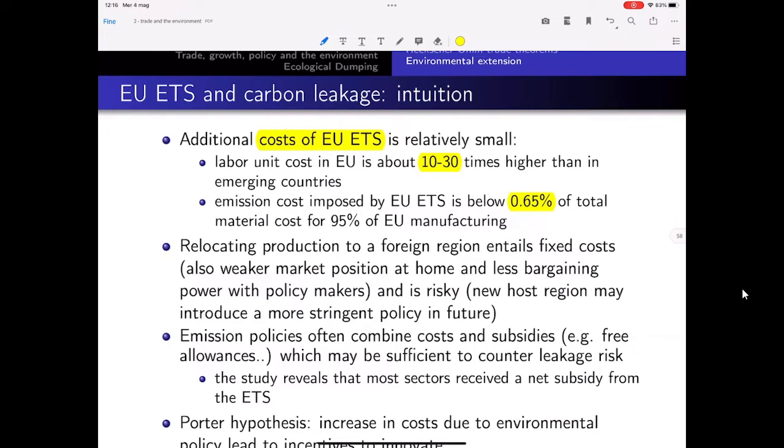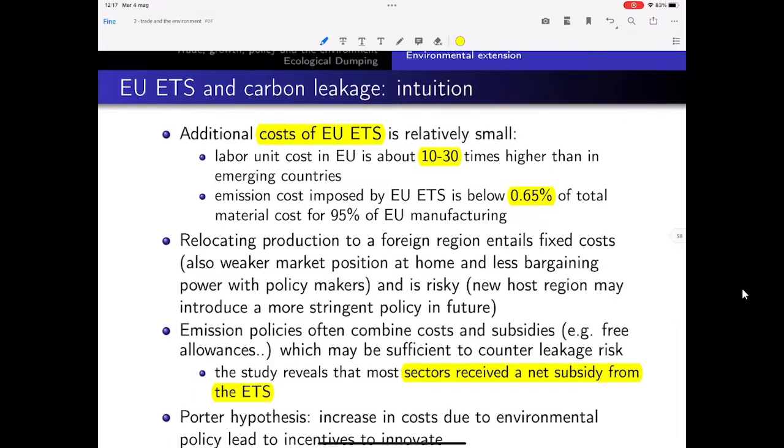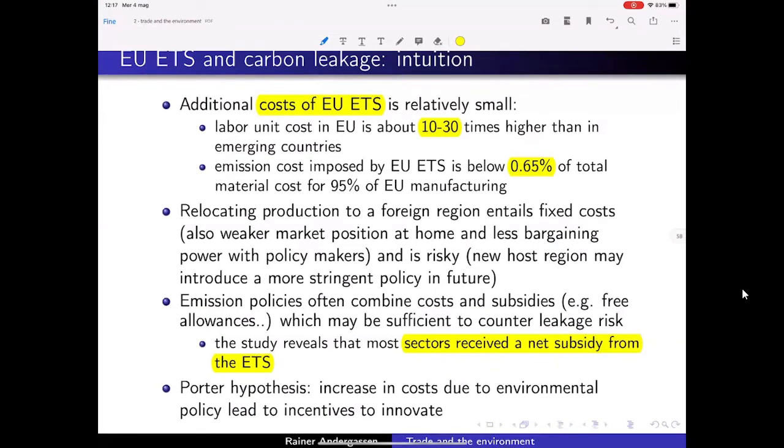And moreover, if you read the paper, the claim is that, according to their calculus, some industries, some sectors received a net subsidy from the EU emission trading system. Remember, because of the free allowances. So there were no real costs, but instead quite the opposite happened. They received a subsidy rather than cost. And that's why.